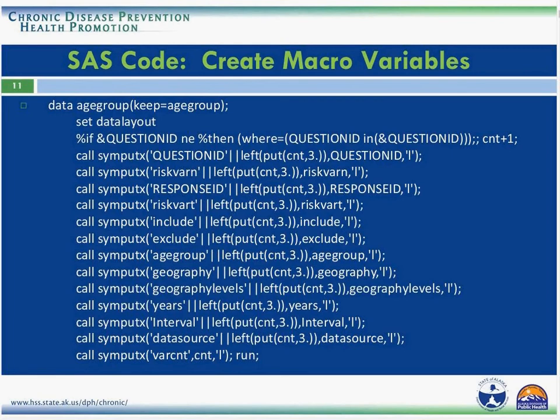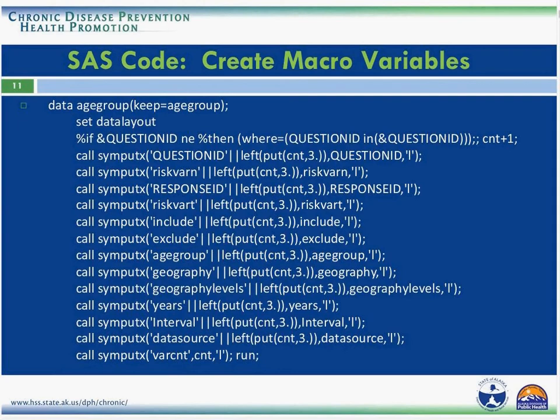This is the core of the procedure, creating macro variables. What we're doing is taking the table data layout variables from the Access database, and bringing them into SAS, and we're trying to turn them into macro variables for use in the statistical analysis. So here's some examples.